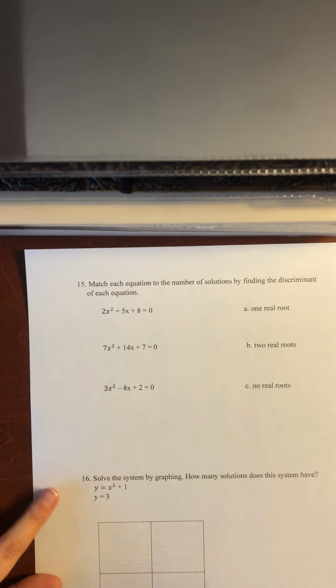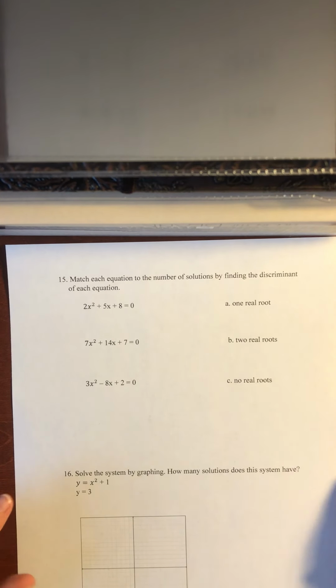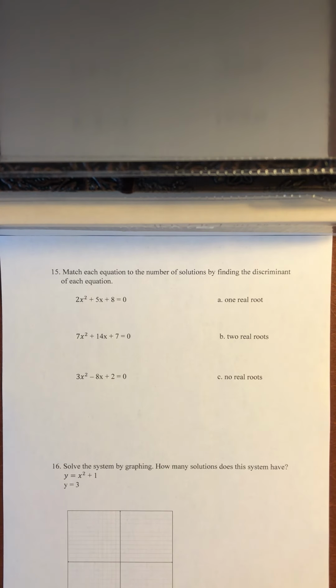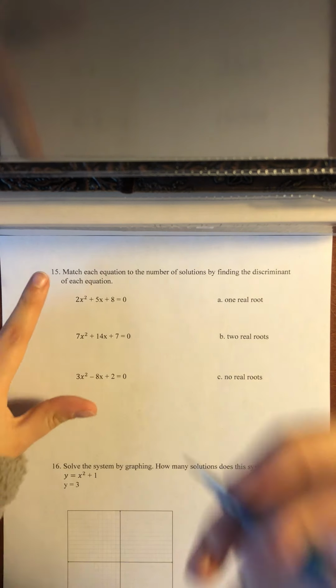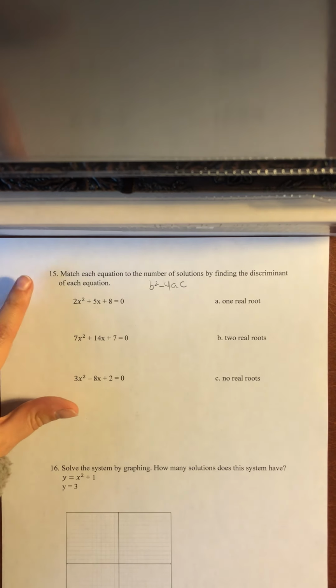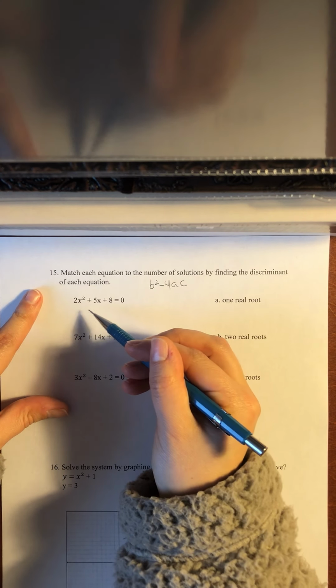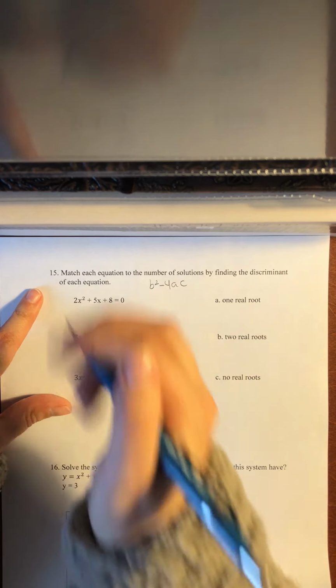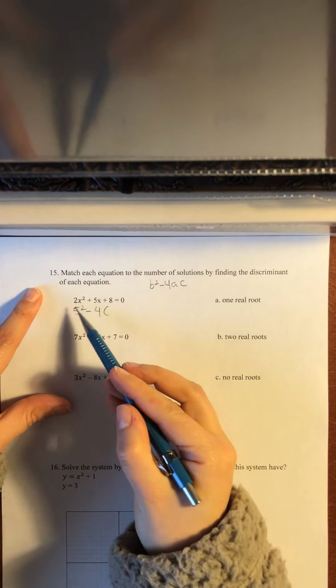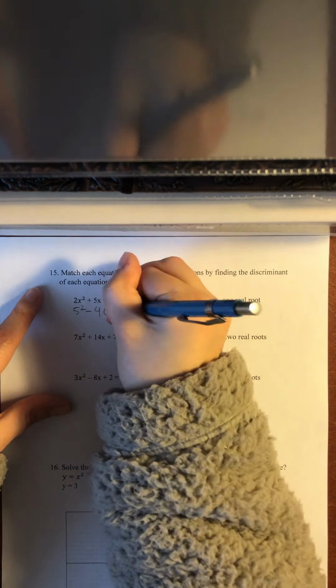Next, moving on to problem 15. This is matching. Match each equation to the number of solutions by finding the discriminant. So remember, the discriminant is b squared minus 4ac. So plugging in, 5 squared minus 4 times a times c.